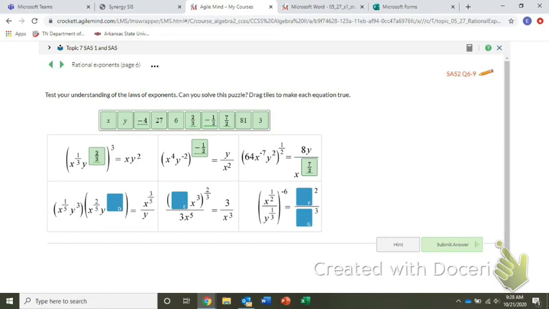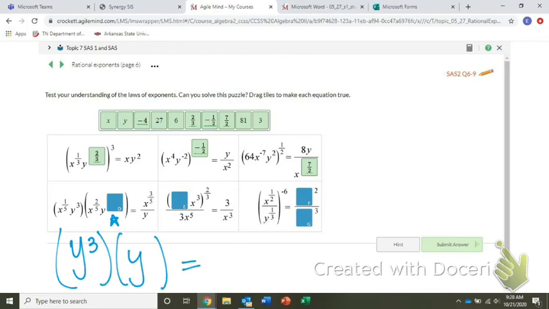All right, now we're looking at the bottom example. So we're just looking for the y because it's what it asked us for. So we started with a y cubed, and I need a y something to get just a y. So remember, we're multiplying, so we have to add the exponents.